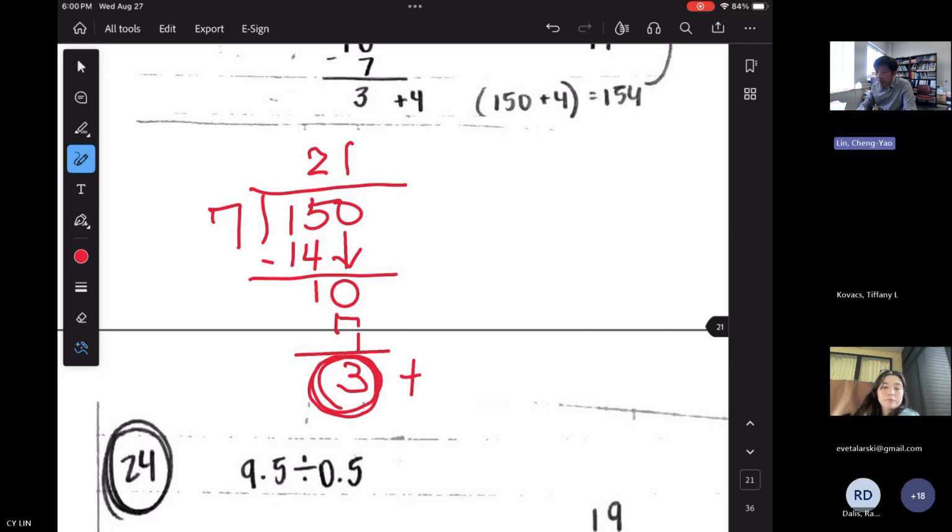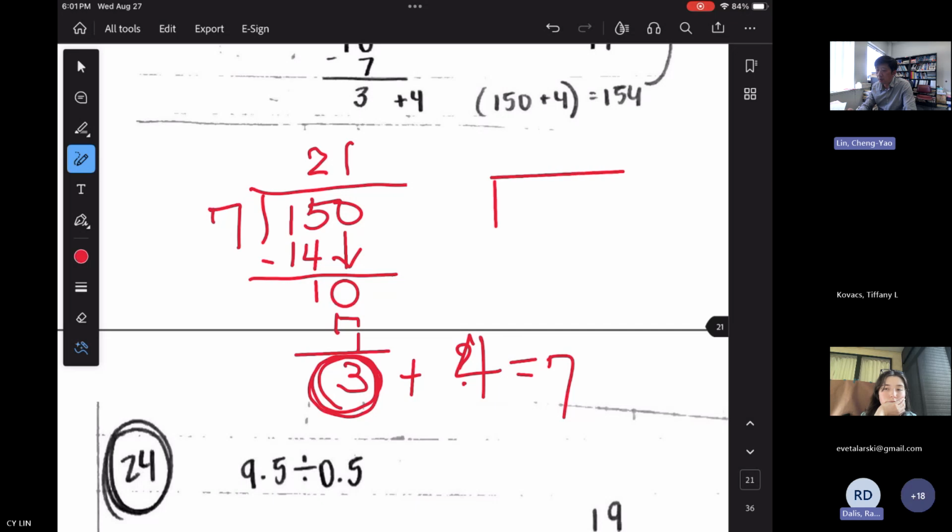How many more do I need to add to make it divisible by 7? 4 more: 1, 2, 3, 4, 5, 6, 7. So you add 4 more and you get a multiple of 7.